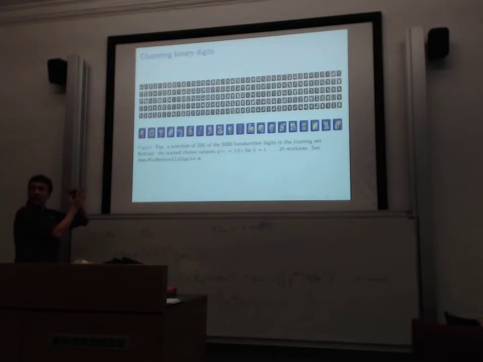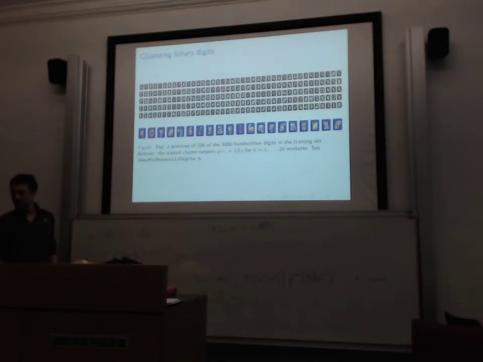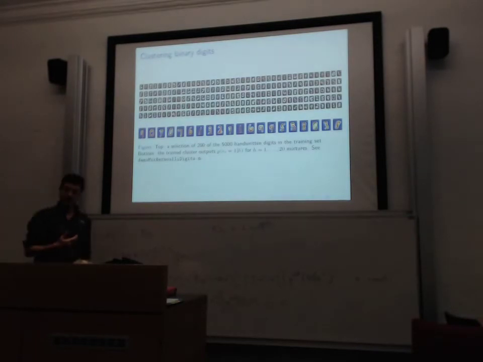So D in this case would be 400, and we're going to have 5,000 handwritten digits in our data set. And then I'm going to try to fit a mixture model of this Bernoulli form, independent Bernoullis, with 10 clusters. The training data, although the algorithm doesn't know it, actually has handwritten digits 0 through 9 in it. Sorry, I'm going to use 20 mixture components.